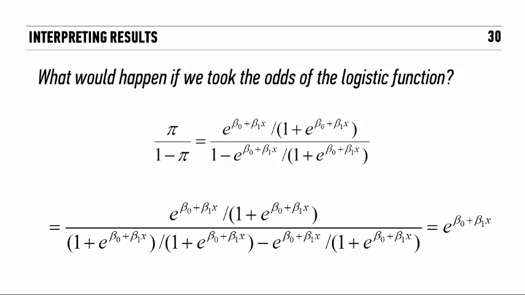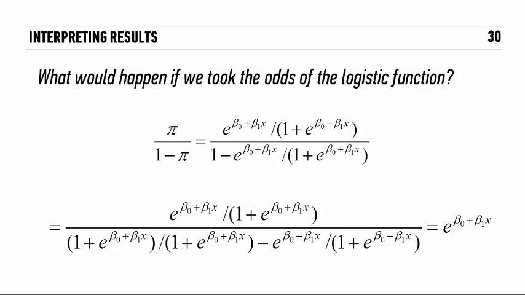If you multiply this out and simplify it, and you want to know the details, I'm happy to go through it with you. You get something very nice: e to the beta naught plus beta 1 x. So it simplifies quite nicely.